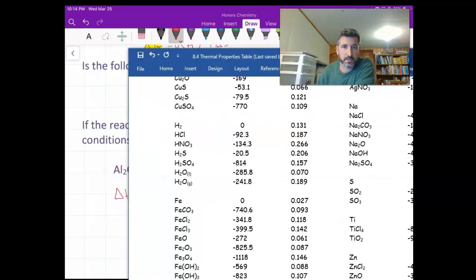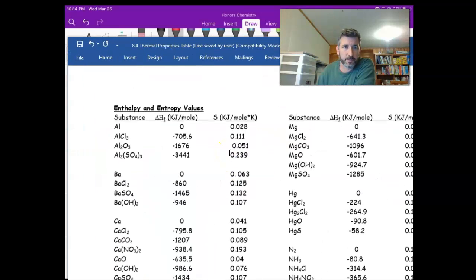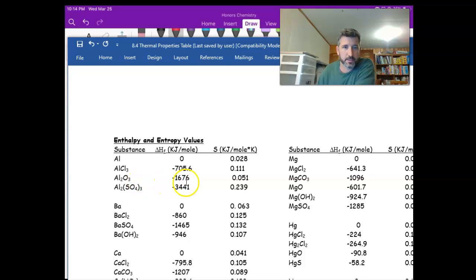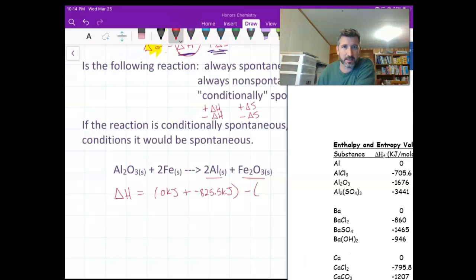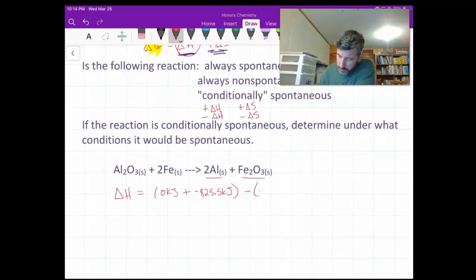So again, going to the table, we've got aluminum oxide, which is negative 1676, so pretty huge heat of formation. Okay, and then I'm going to add that to 0, right, because iron is an element, so its heat of formation is 0.